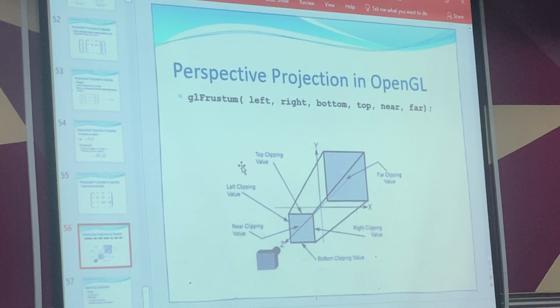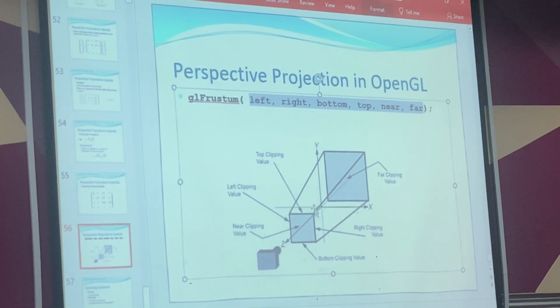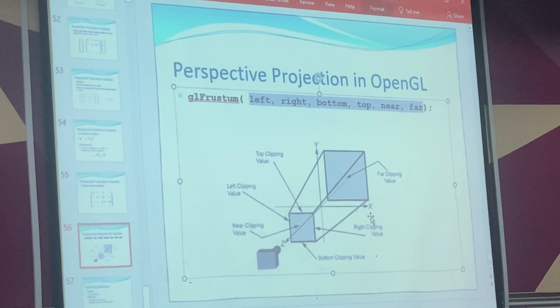Then after this, it comes to your clipping, your clip coordinates. You have your left, right, bottom, top, near, and far, same as your orthographic.